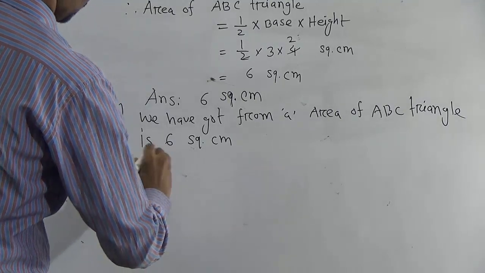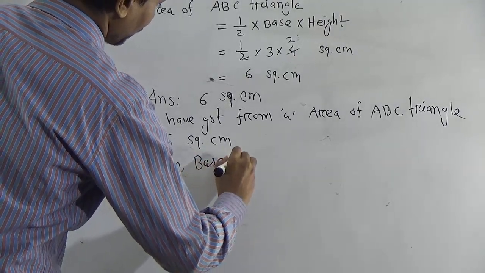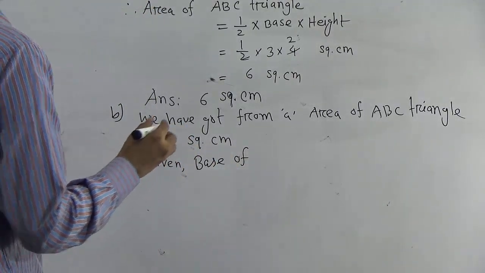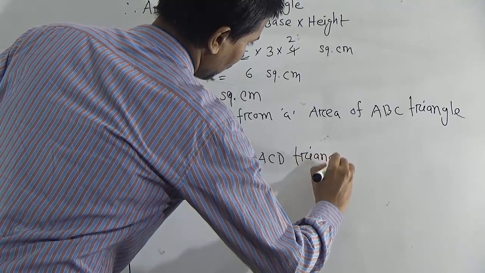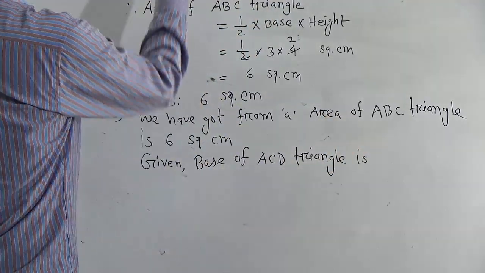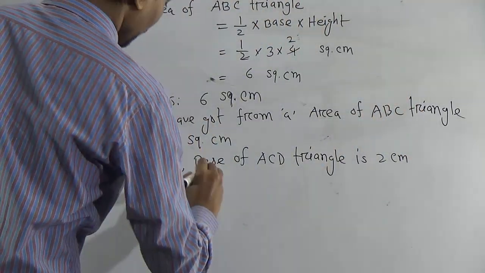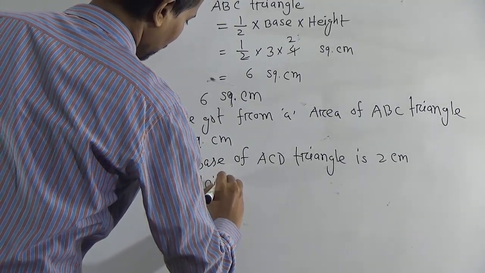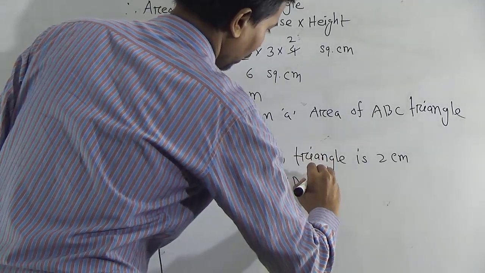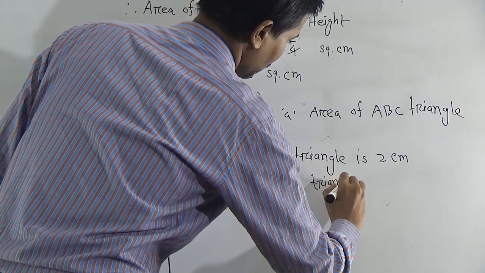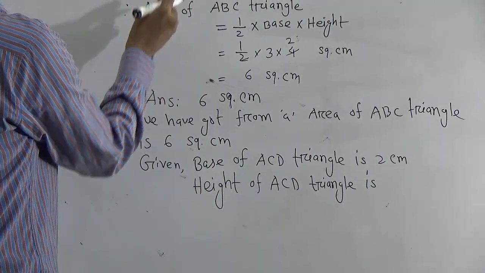Now given base of ACD triangle is 2 centimeter, right, and height of ACD triangle is AC.